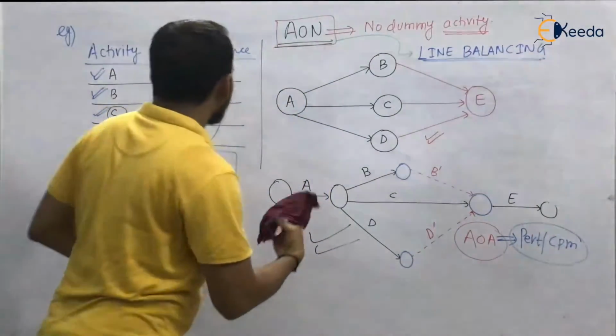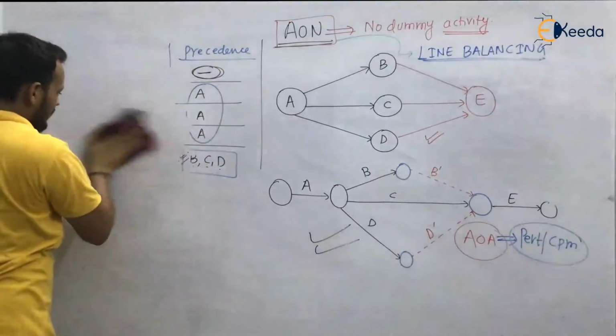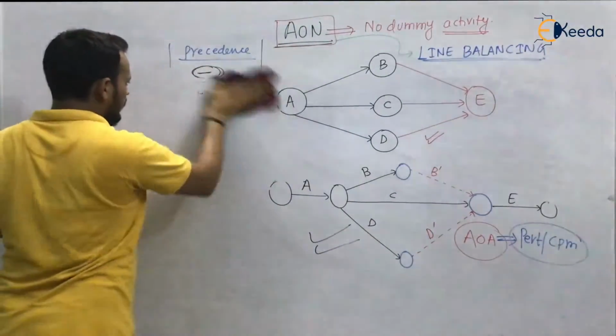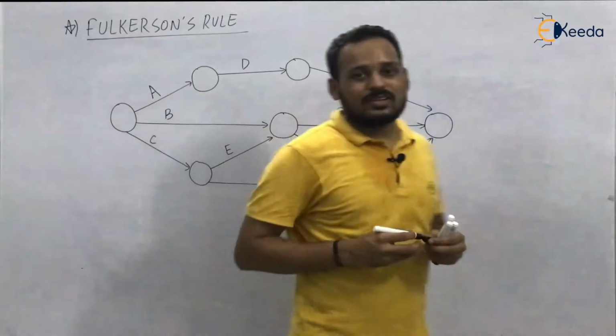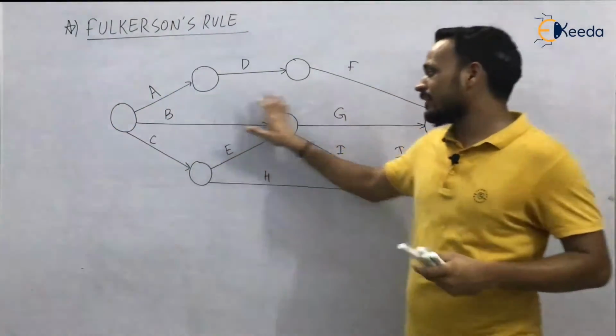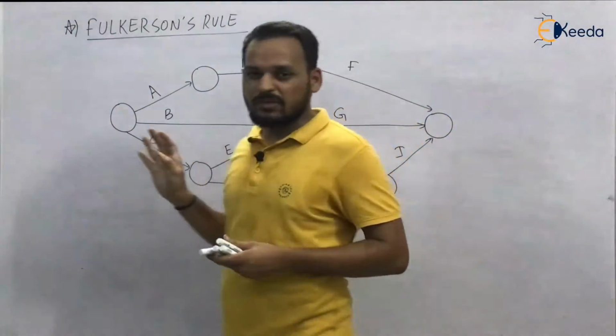Now we will start our second topic, that is Fulkerson's rule. I have taken an example. This is a network diagram, made from somewhere else.